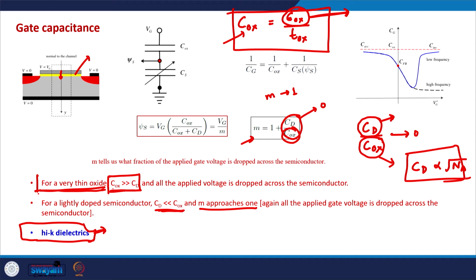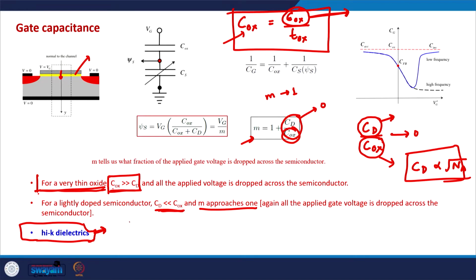One factor that we need to keep in mind is that the lattice of the silicon and the oxide should match, the bands should also match. So, those kinds of constraints we need to keep in mind.